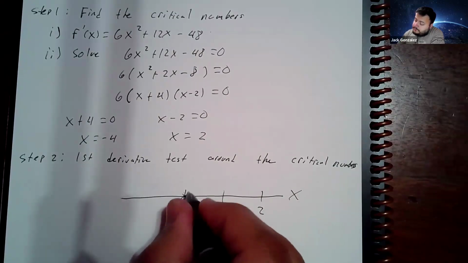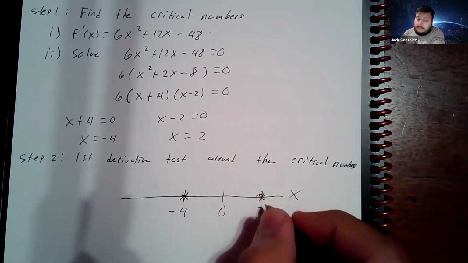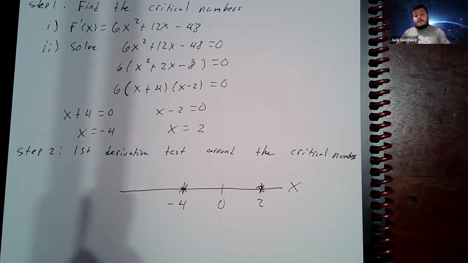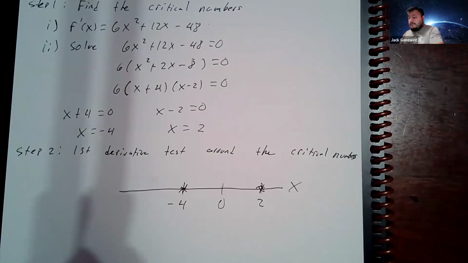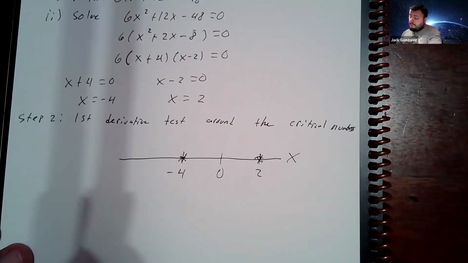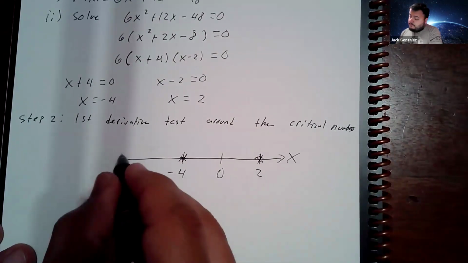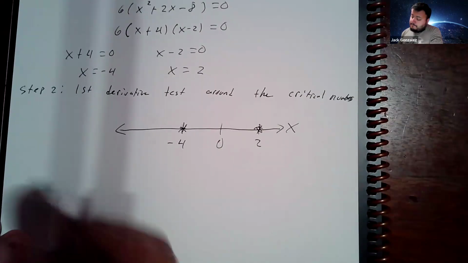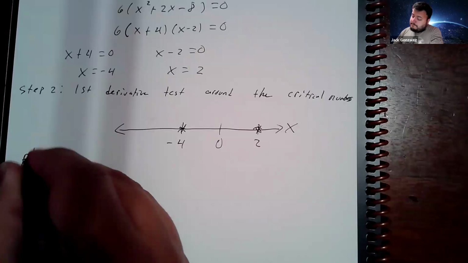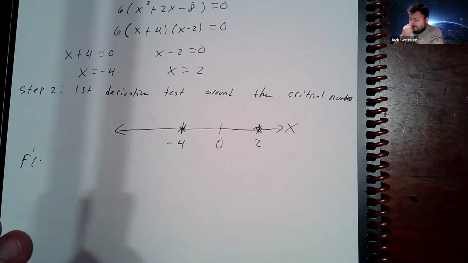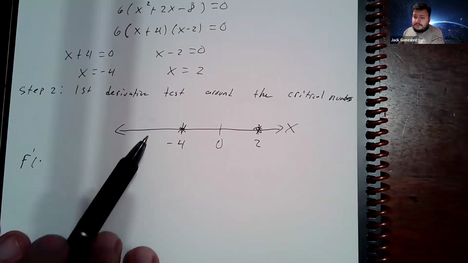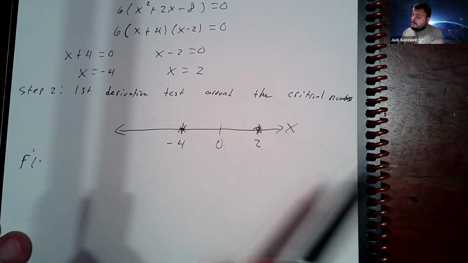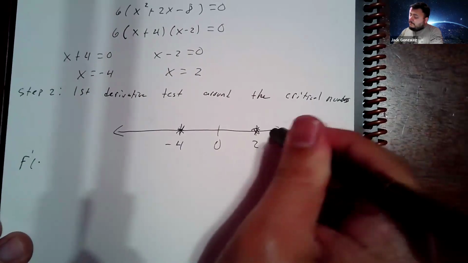So here are the criticals. So plug these into the derivative. What number should we pick? So we need tests before the critical, in between, and after. Let me make that a little better.